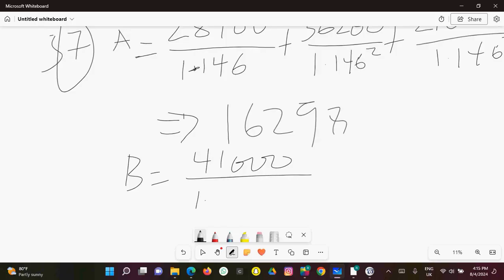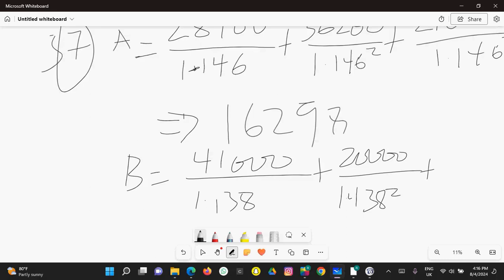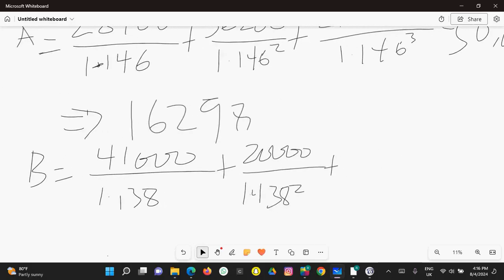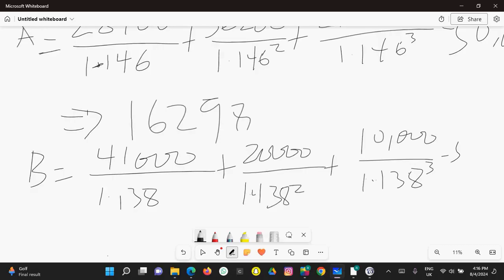It has a different discount, so 1.138, plus 20,000 all over 1.132, plus 10,000 all over 1.133, minus 50,000.